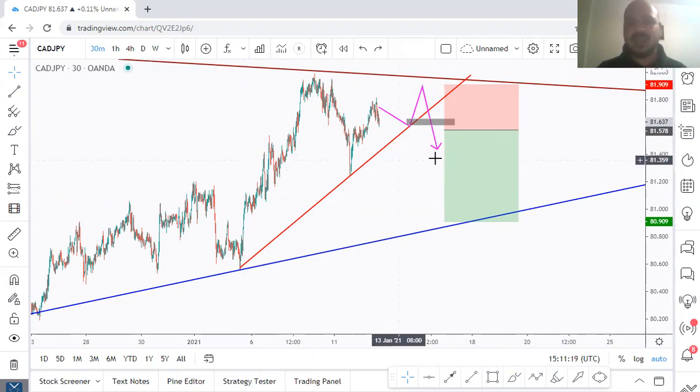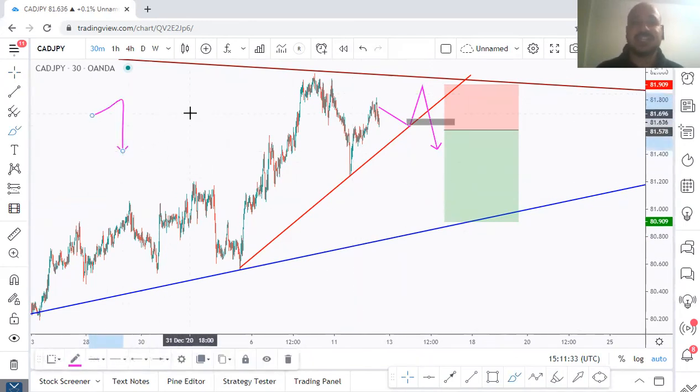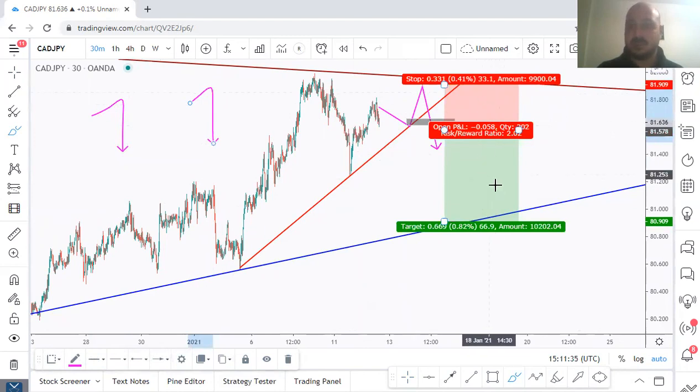With this market structure, by entering with more confirmation while other traders are entering late, we have an edge over the market. That's our first edge. Our second edge is risk management, by targeting double our stop loss.